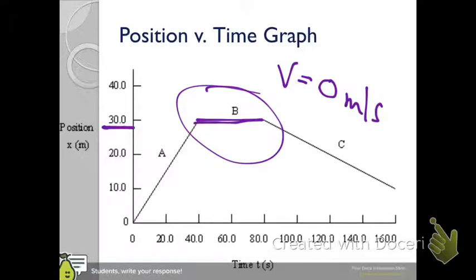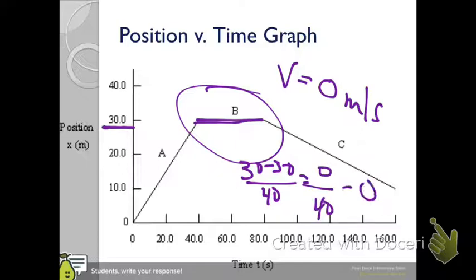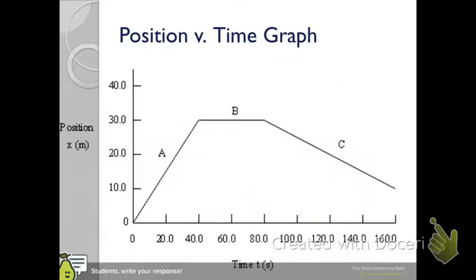I'm not moving during that. My position is unchanging during that 40 seconds. So even if I did the math, I'd go 30 minus 30 over 40, so 0 over 40 is 0 meters per second. Anytime my position is not changing, my velocity would be 0.